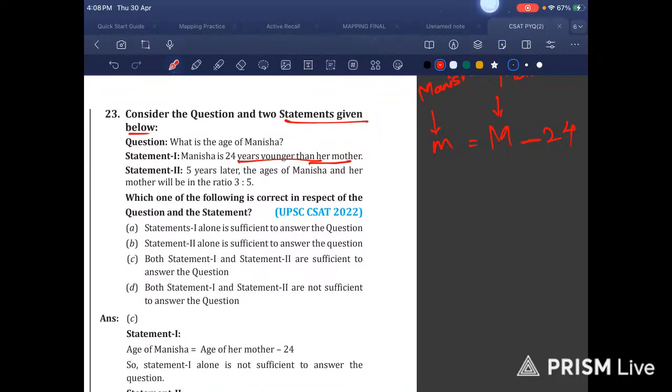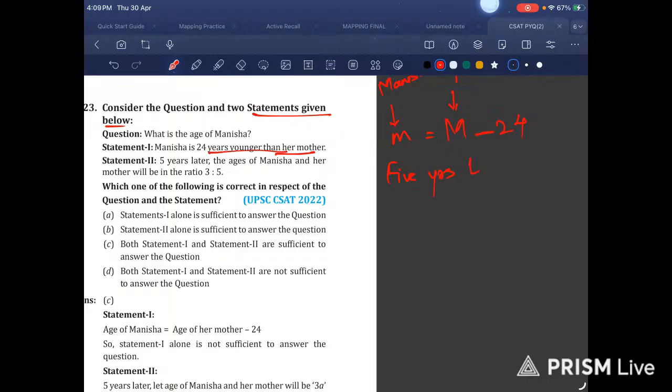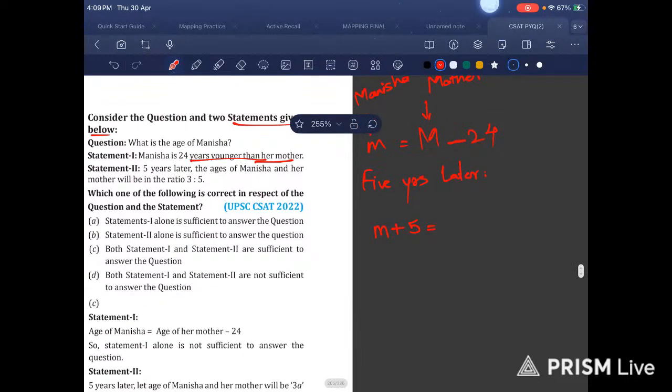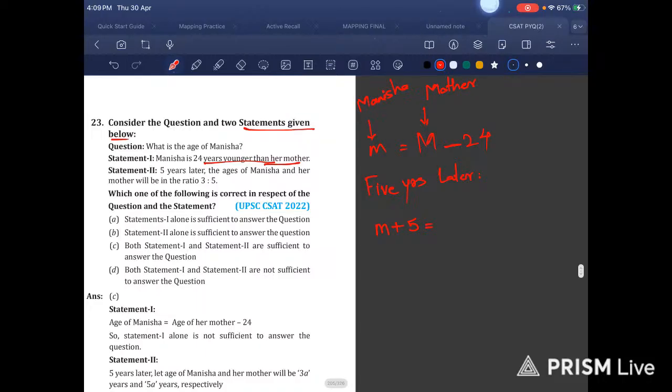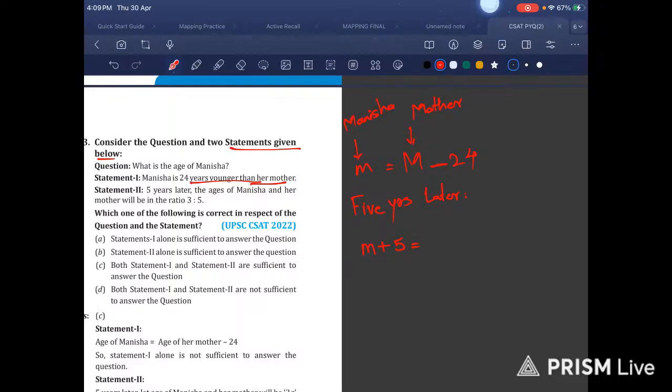Statement 2 is: 5 years later, the ages of Manisha and her mother. 5 years later, we would have M plus 5 upon, the ratio is given, M plus 5 is equal to, this also becomes 5, M plus 5 plus, minus 24 if I am correct.